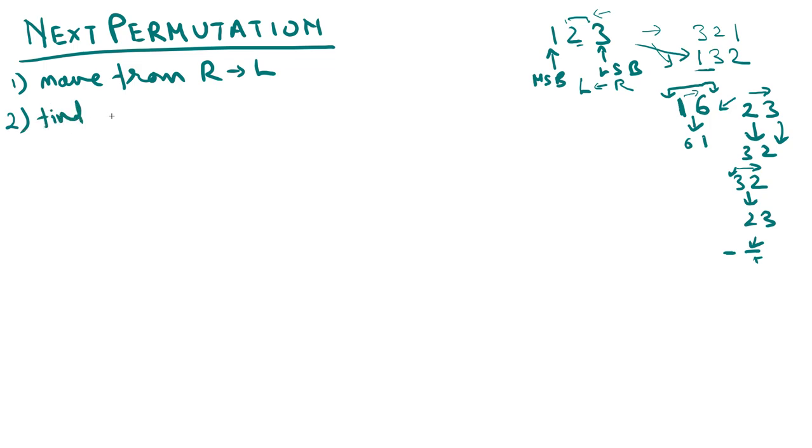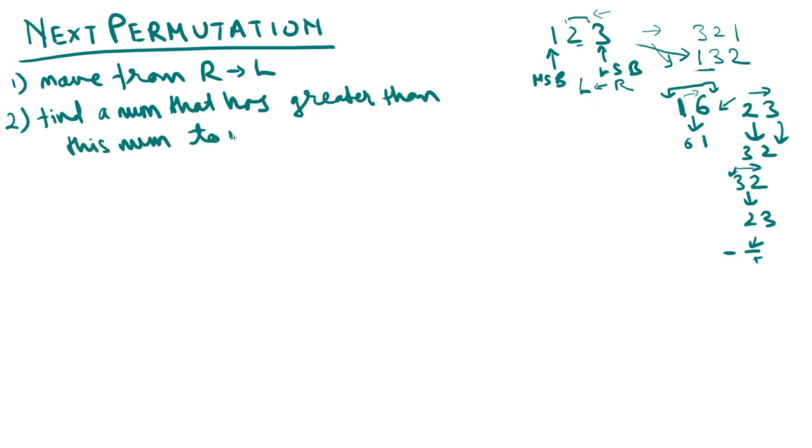With this thing in mind, let me also write down this point because it is important to find the solution. Find a number that has a greater number than it to its right. This is an important point.